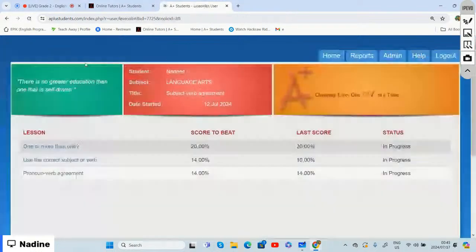So this is now the end of our lesson on subject verb agreement. And we did pronoun verb agreement. And we said a pronoun takes the place of a noun, right? So instead of saying Nadine, Bifang, Basil, whoever that's doing something, we use pronouns like he, she, it, we, they, you, or even I, right?